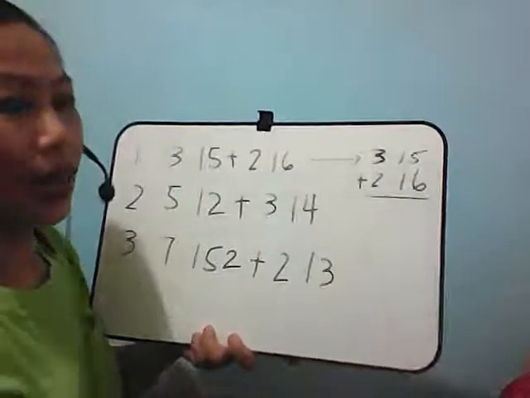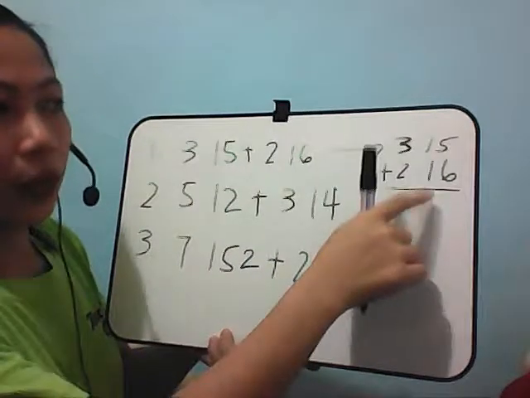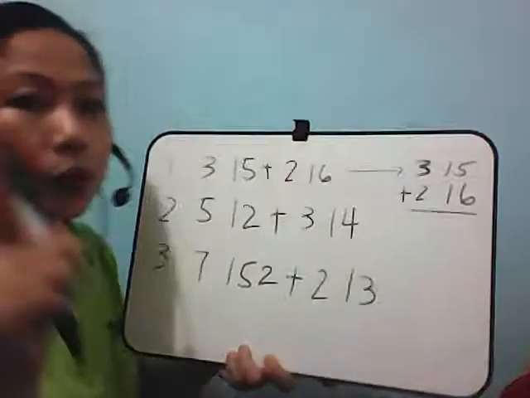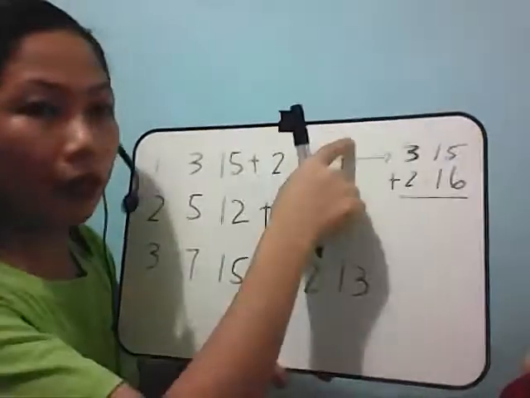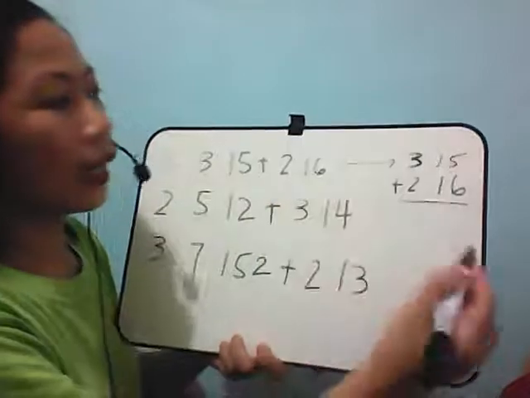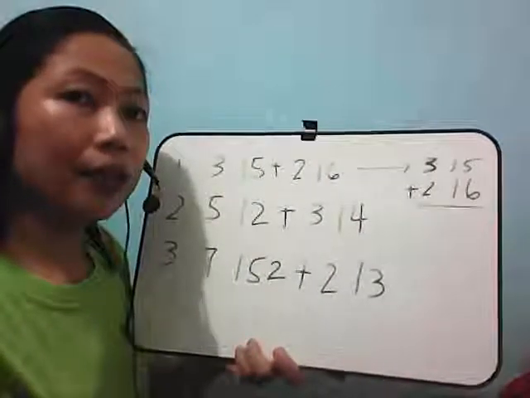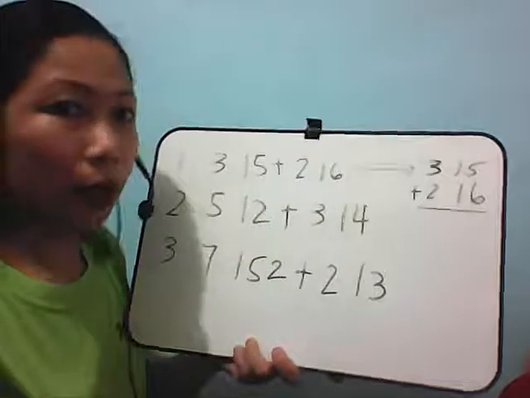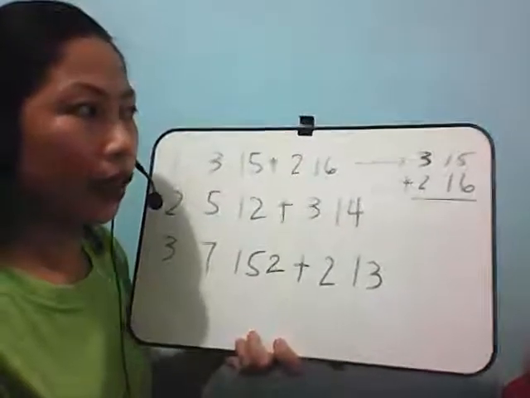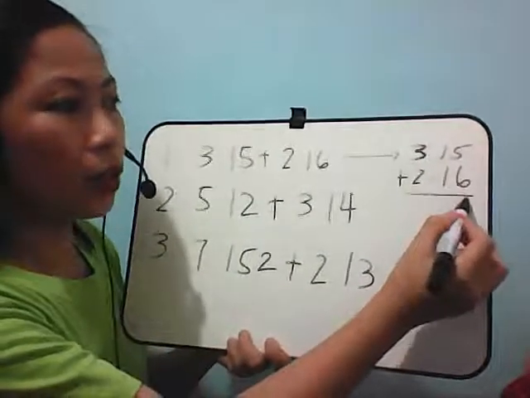Okay, let us add. Once you arrange it already, the first step, we need to add these numbers from right to left. Of course, you know this already. Ganun din naman when you are going to add normal numbers, or adding numbers without a decimal point. So just like that. Now, 5 plus 6 is equal to 11.